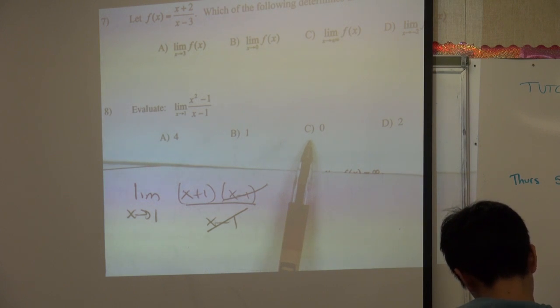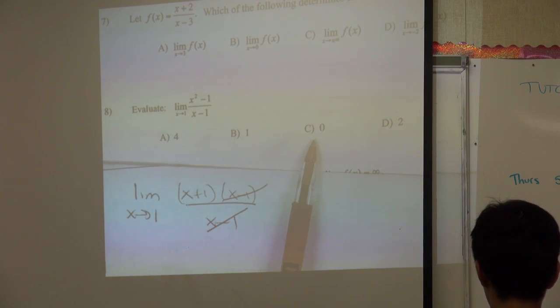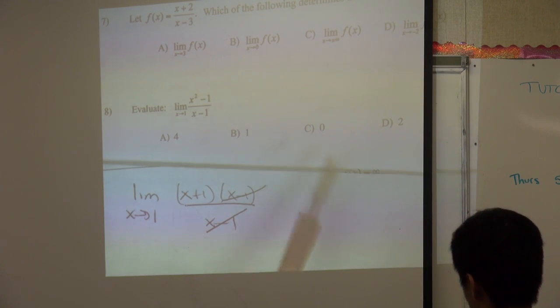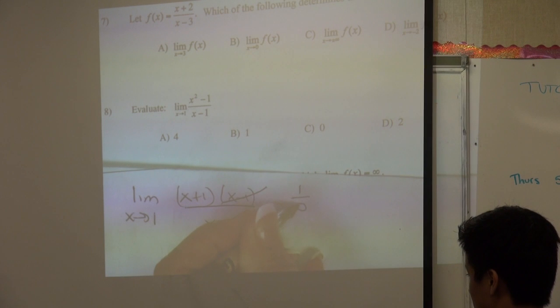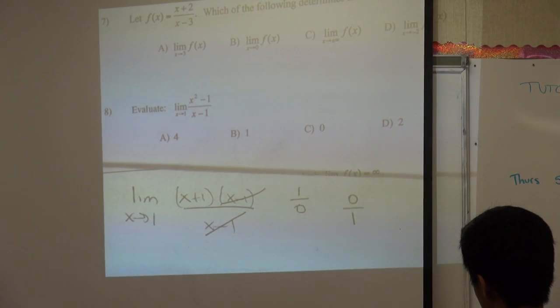And in a way, it brings up the very first unit of Math Analysis A, when we were learning our unit circle. And we talked about how 1 divided by 0 is undefined, but 0 divided by 1 is 0. And you got that straight.